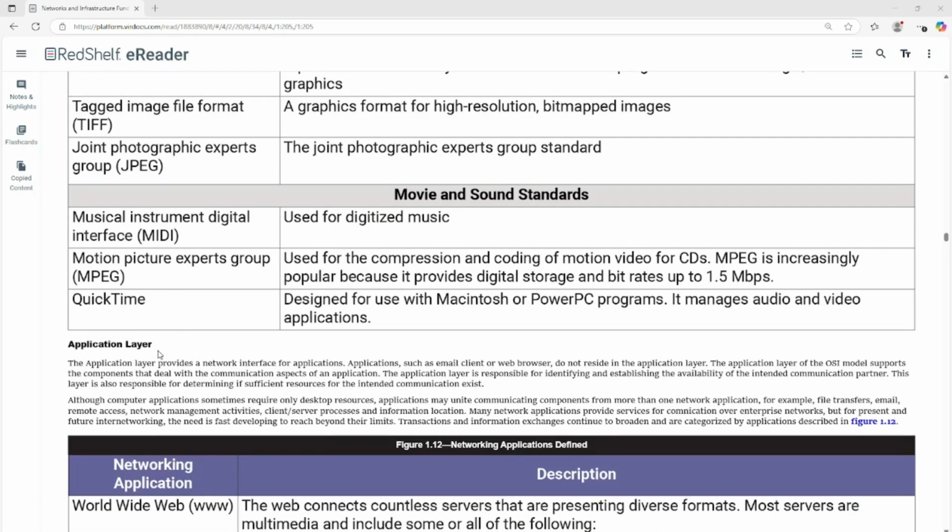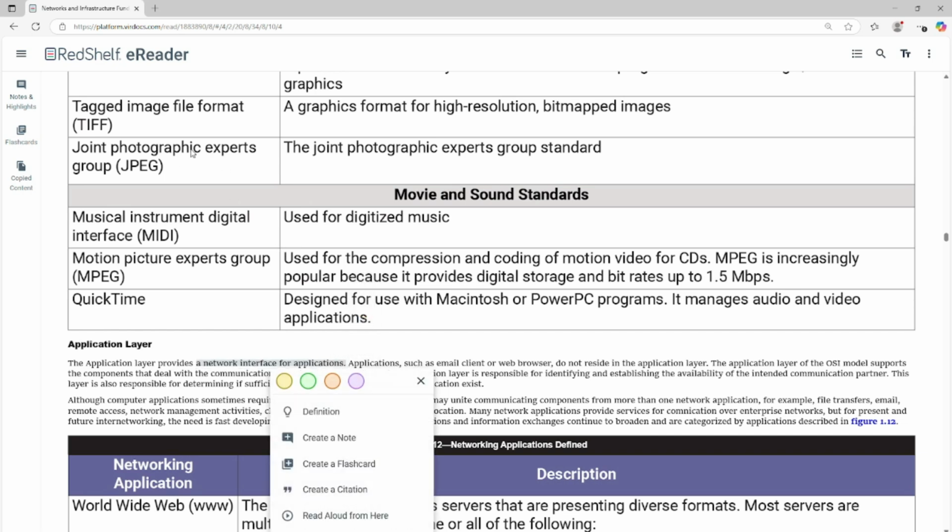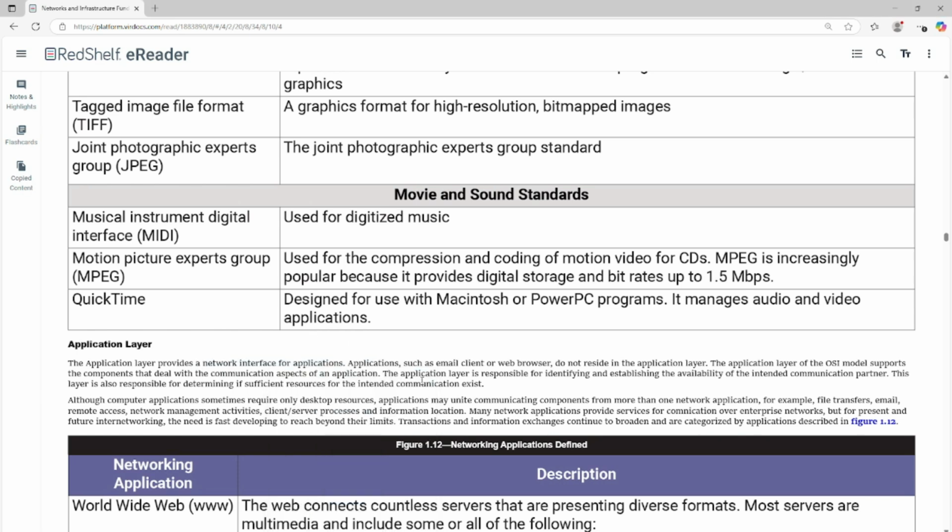The last layer is the application layer, layer 7. A simple definition is that the application layer provides a network interface for applications. So those are applications that have been presented using the presentation layer, or display layer, and are being used at the application layer. Examples of application layers are like the email client or web browser.